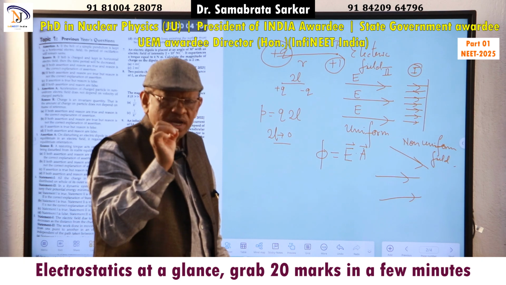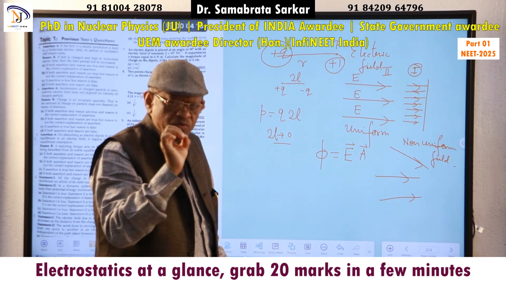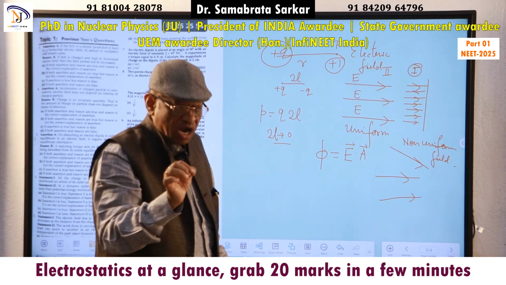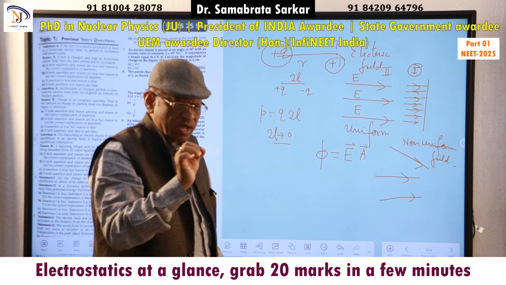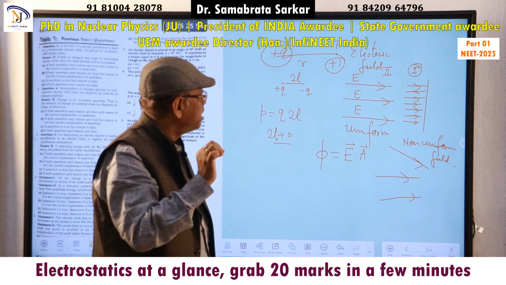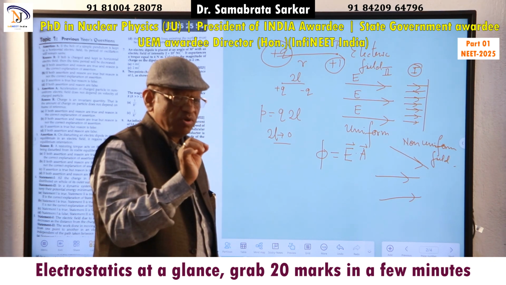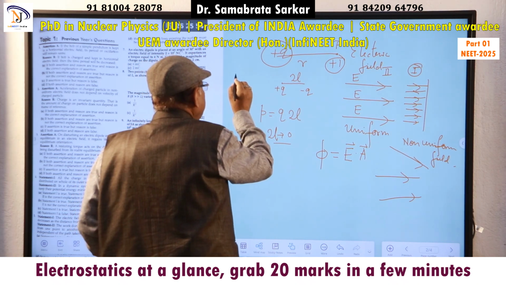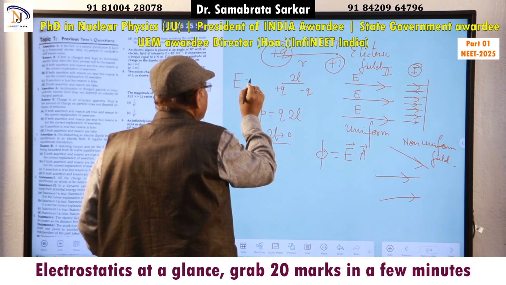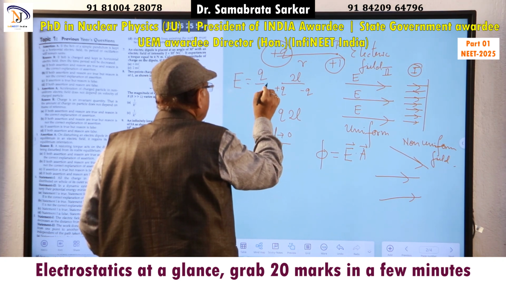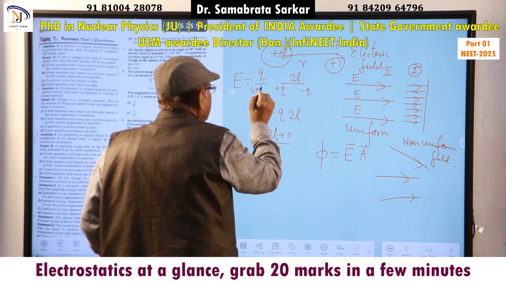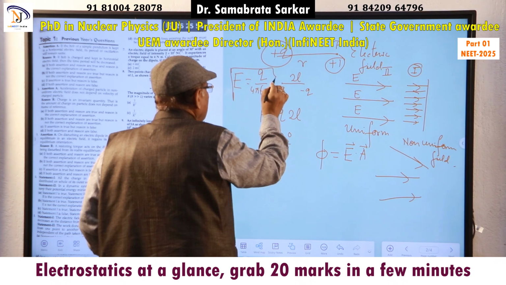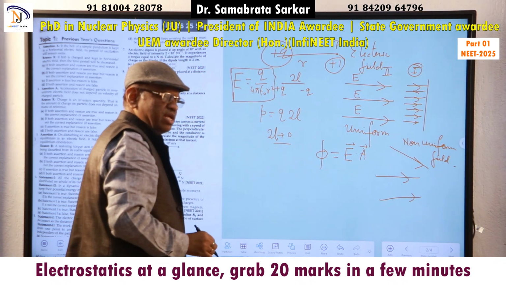If a unit positive charge is placed at a distance r from that particular charge, then what will be the field intensity? Field intensity will be E equals Q by 4 pi epsilon naught r square. This is electric field intensity, or you can say electric field.